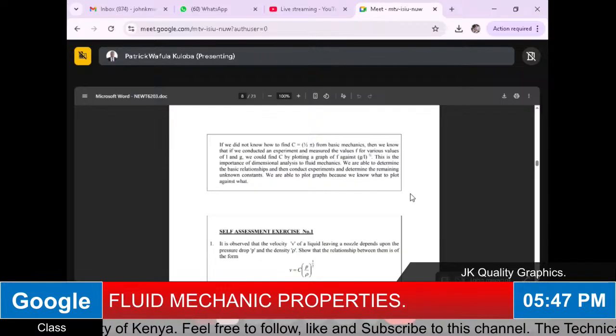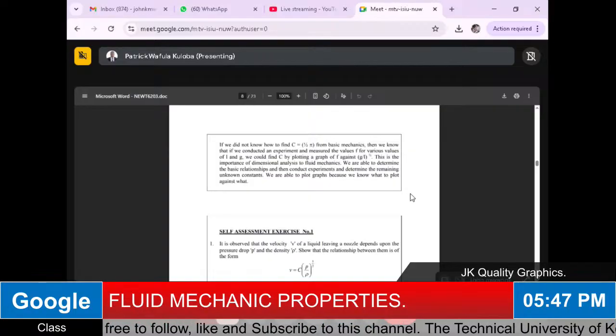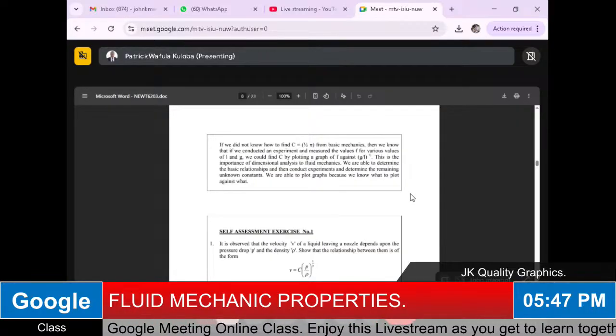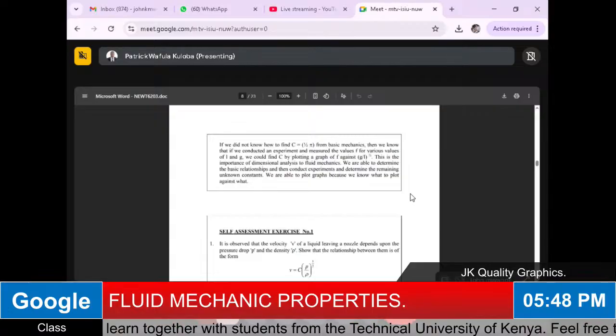Call that equation 1. Then if you expand it, v is equal to C into brackets P raised to a, rho raised to b. Call that equation 2.